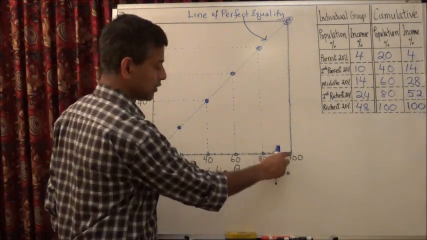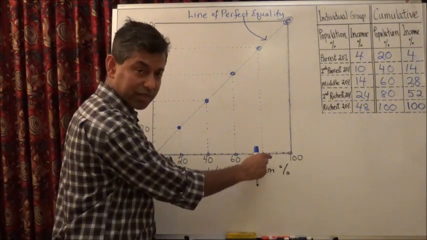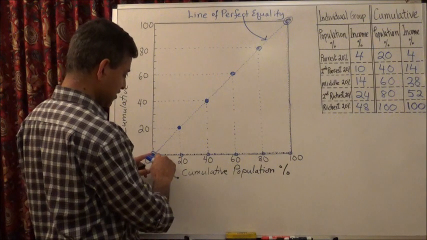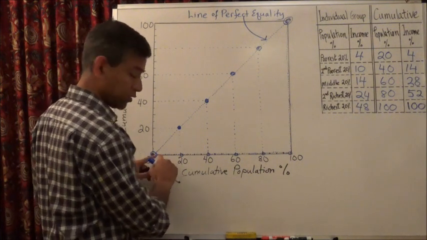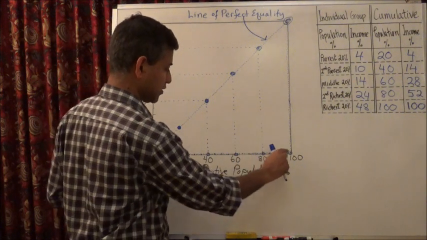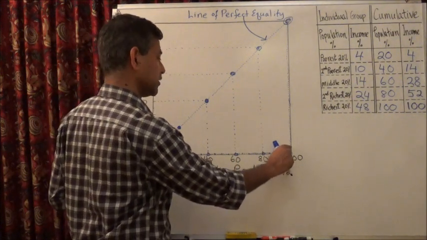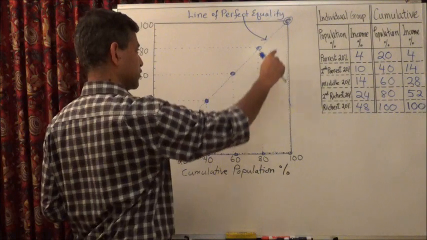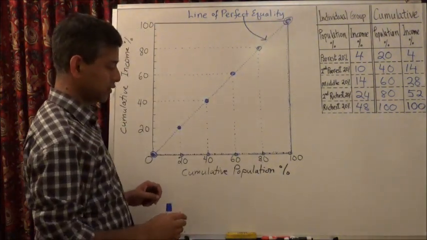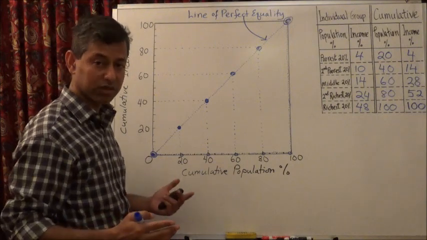And then when we capture the last person or the last family, that's when we see all of the income all at once. So this extreme scenario where the Lorenz curve moves along the horizontal axis until the last point, and then goes all the way up vertically to the 100 point, that would be the extreme case of perfect inequality.